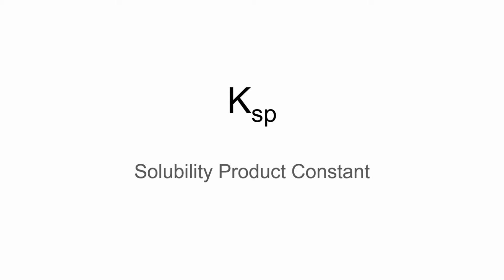Hi everyone, I just want to give a quick overview of what this week's experiment is about. The determination of KSP, the solubility product constant equilibrium, and we are going to determine this KSP using pH measurements.